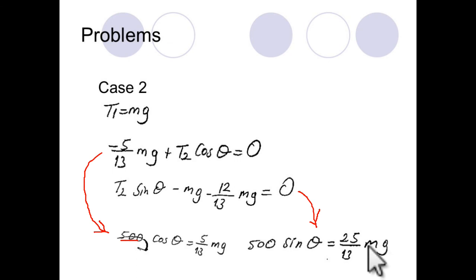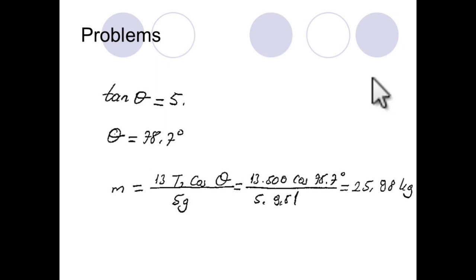Again, when I look at these equations, I have two constant terms on right hand sides. So I can divide either of the equations by the other one. This will eliminate the mg from my equilibrium equations, and I will be left with theta only.